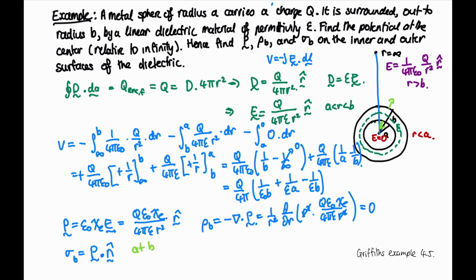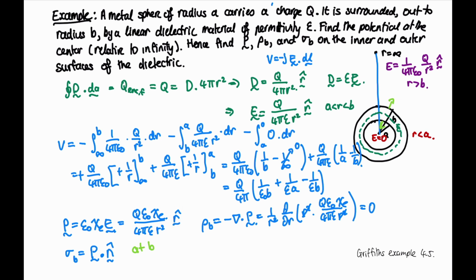So at B, this is equal to P_B. Here we'll have this R squared is equal to B squared, and the radial vector is out. This is an outwards radial vector, so those two are parallel to each other.